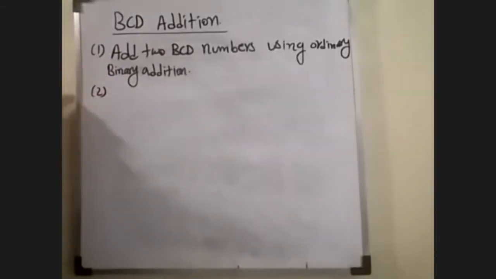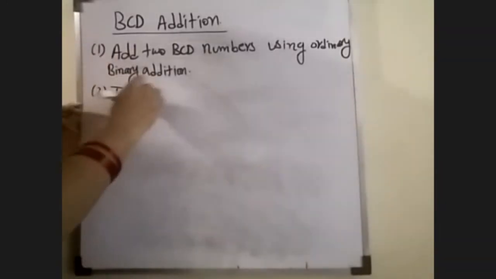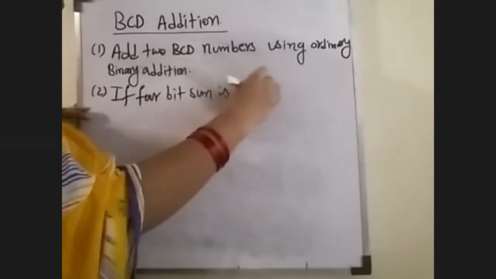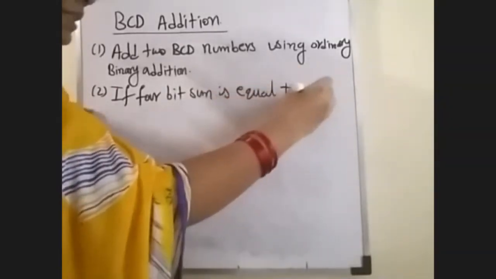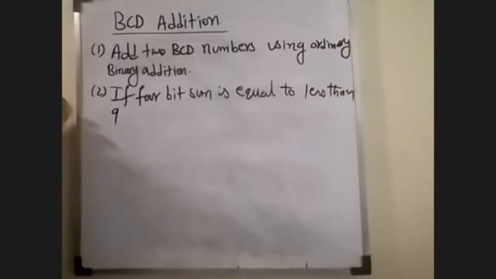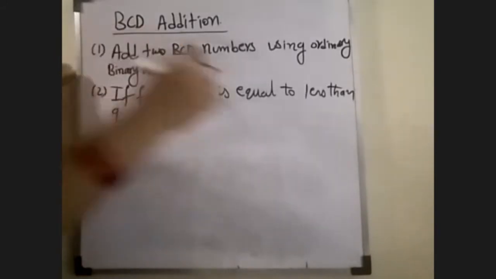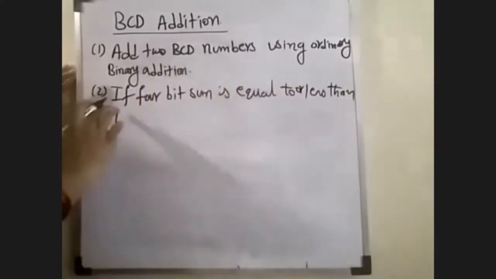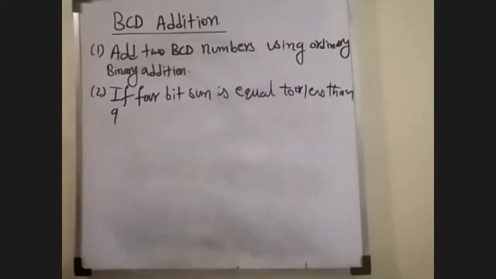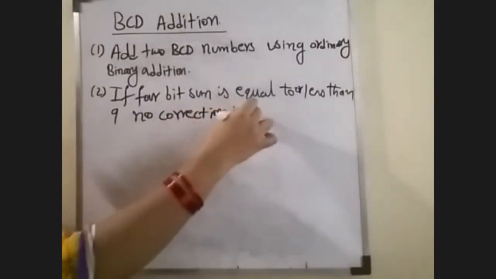Then what is the next step? If the 4-bit sum is equal to or less than 9, no correction is needed.